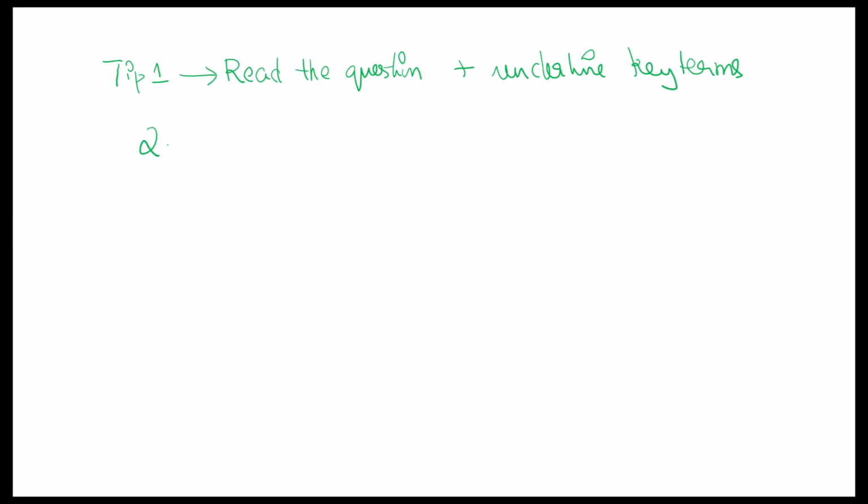Tip 1, make sure you're reading the question, and as you read the question, make sure to underline the key terms. This is very important. Whatever is important, you need to underline.